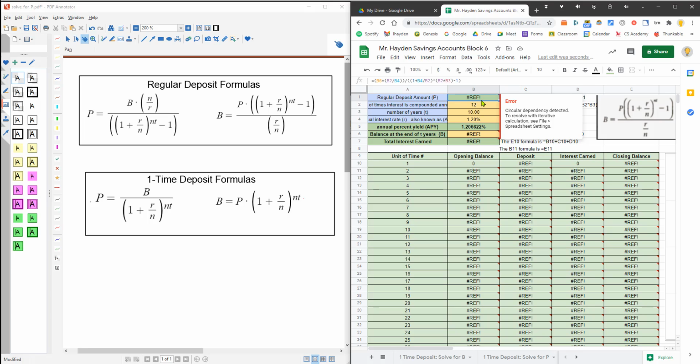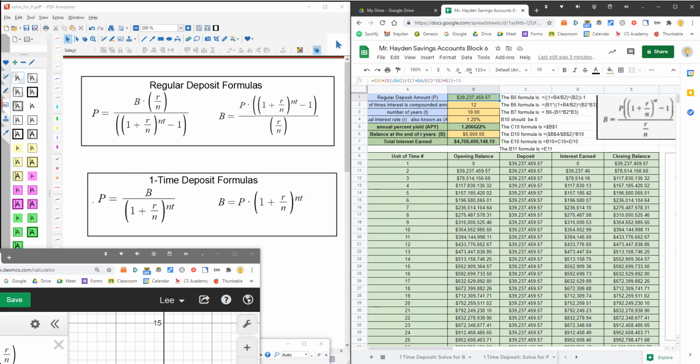B6 times n divided by B4. Yeah, that's it. Divided by 1 plus B4 over n to the t, minus 1. All right, I'm going to pause the video while I figure out what's wrong with my formula.